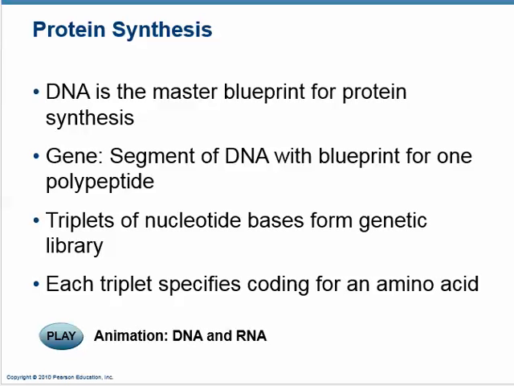And so each triplet codes for a specific amino acid. And so if there were 100,000 amino acids in a protein, then there will be 300,000 nucleotide bases in the instructions to make that, 100,000 triplets.